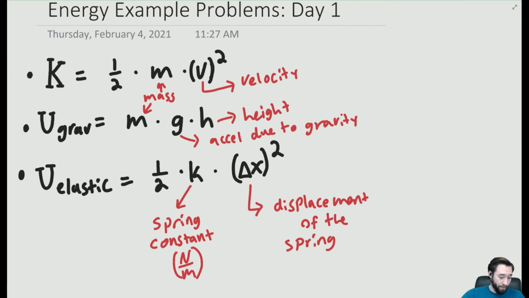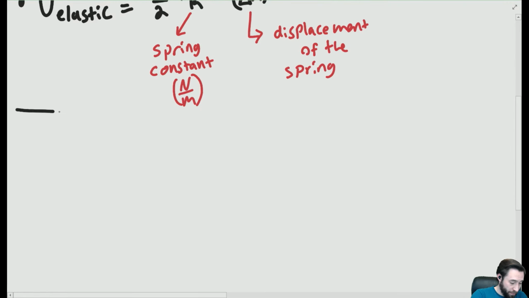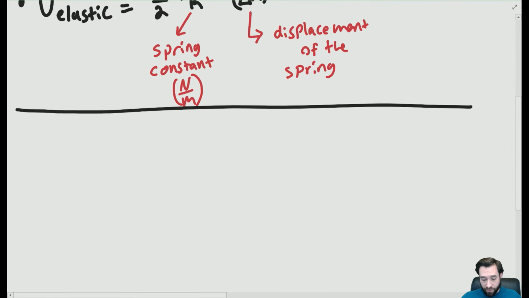Okay. So we're going to do an example of each one of these, and then I'm going to let you guys go for the day. Cool? All right. So the very first example, we're going to deal with kinetic.